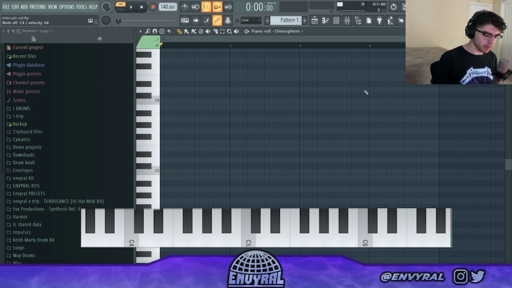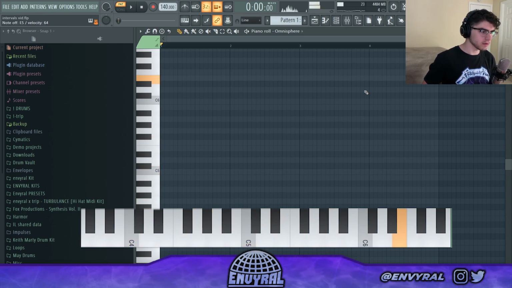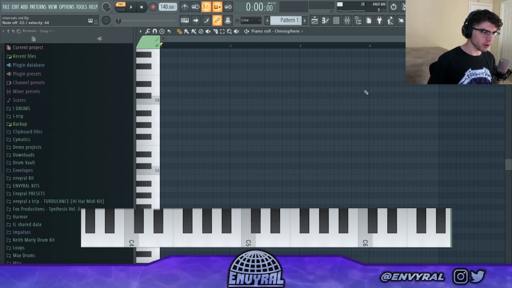So he's just using the major 6 to make the chords sound really open and full. So the melody just goes like this. But by playing it with the 6, it makes it sound way more full.